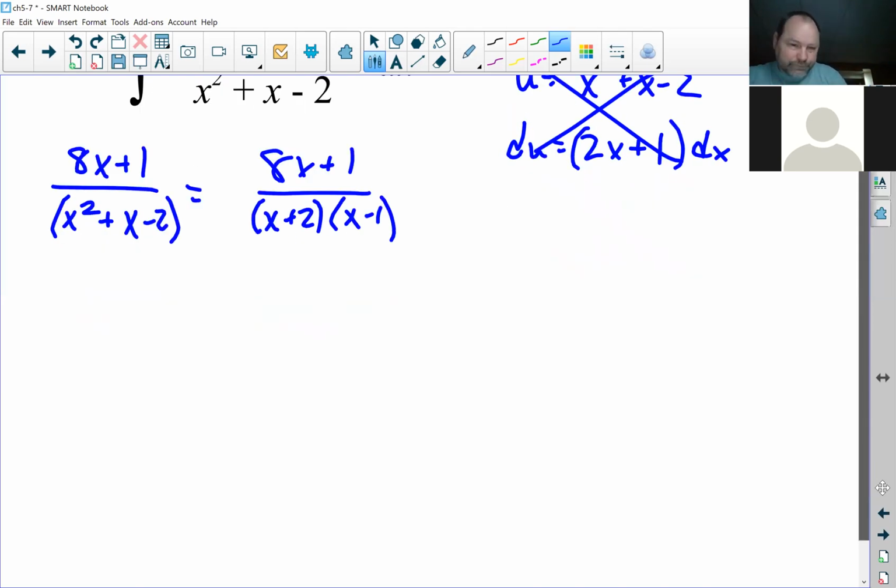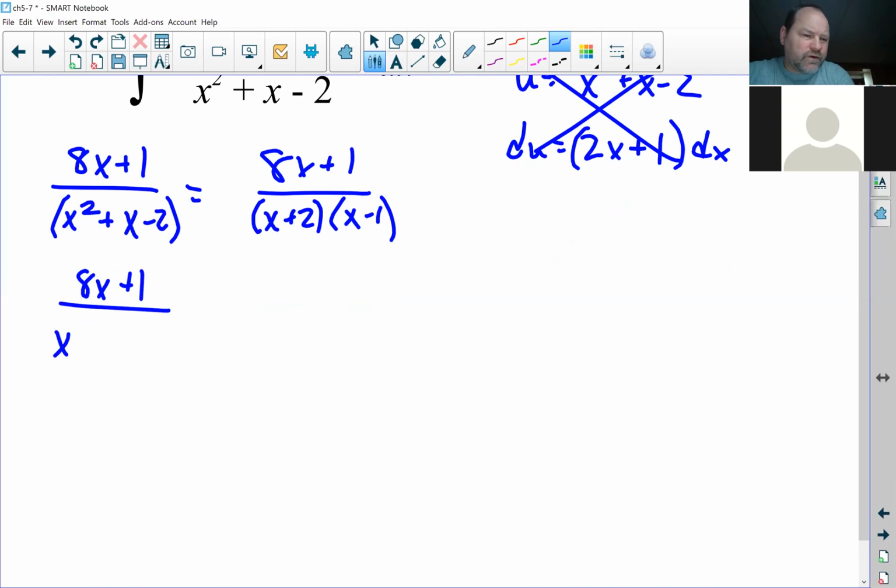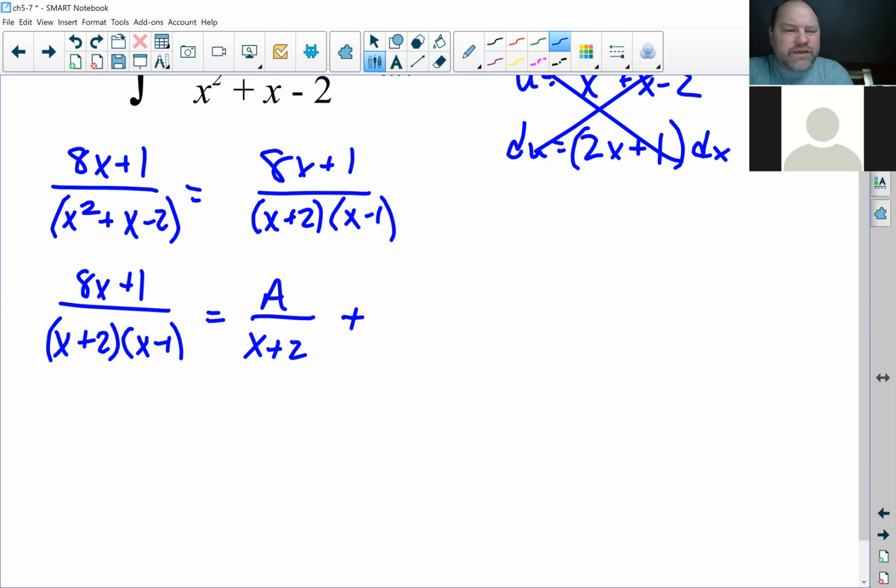So 8x plus 1 over (x plus 2)(x minus 1) has to be some combination of a over x plus 2 plus b over x minus 1.